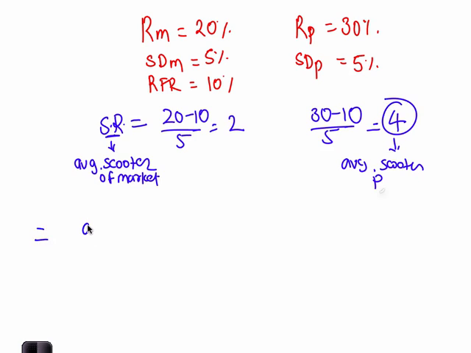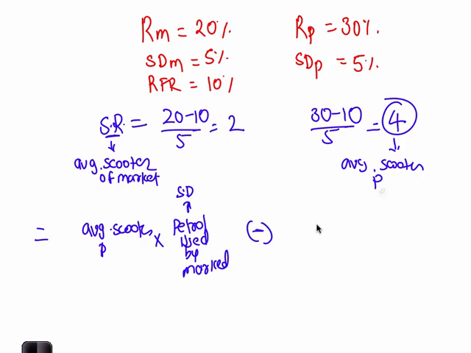the average of scooter P, that means mileage of scooter P, multiplied with the petrol used by market. Petrol analogy is similar to standard deviation, minus what is the excess number of kilometers market could ride or market could cross.